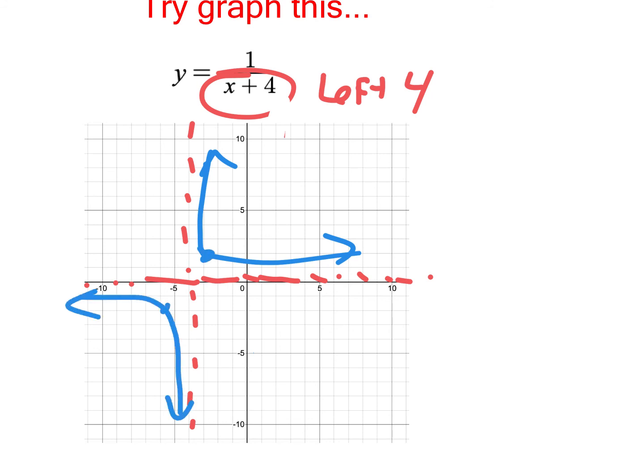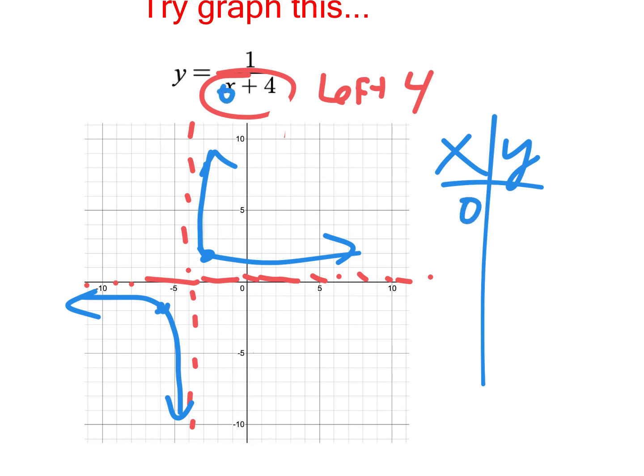And the last thing I can talk about is, an XY chart can always save the day. If you want to just stick in numbers, stick in 0, see what you get. I got 1/4. Graph it. I stick in 1. I got 1 over 1 plus 4, which is 1/5. And I start realizing, oh, if I keep putting in numbers like that, it's just going to keep getting smaller and smaller, so maybe I'll stop doing that.